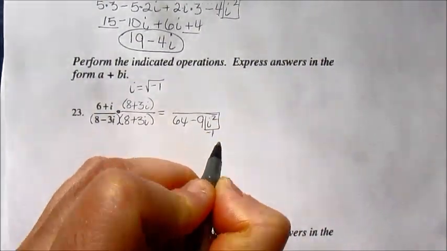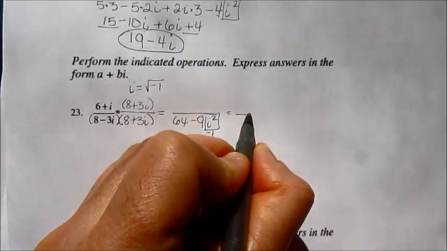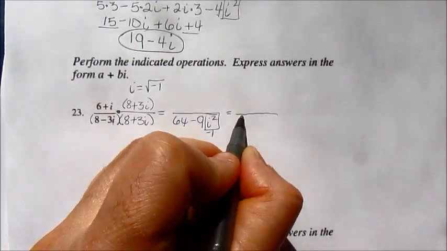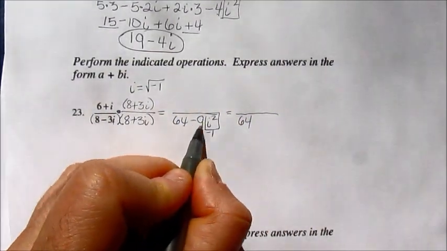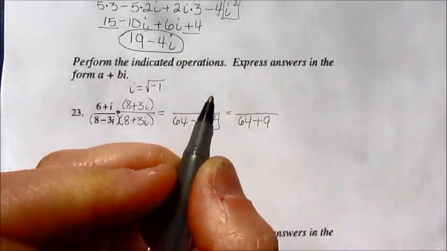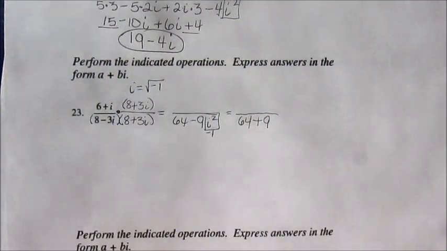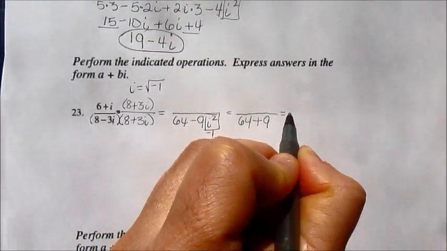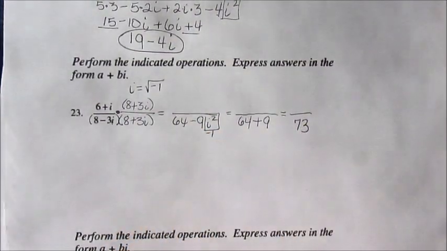Bingo, that's a minus 1. Continuing along the bottom, 64, negative 9 times negative 1 is plus 9. So that bottom just becomes, when you add those together, you get 73.